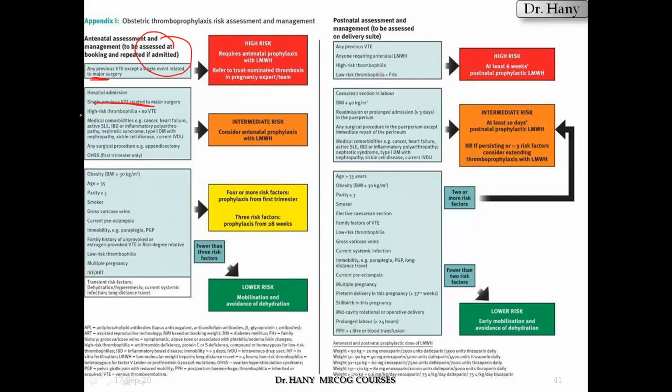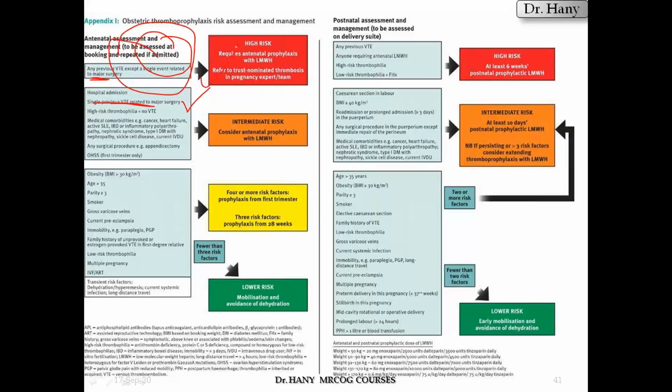A single previous VTE related to major surgery is the only provoked DVT. Otherwise, it will be unprovoked. So if a woman had DVT or VTE before, due to any cause except a major surgery, she will be in the high-risk group.